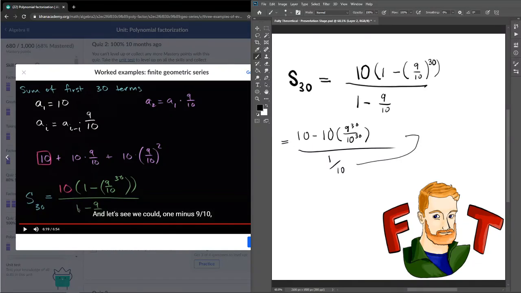So basically we put that over here and multiply this whole thing by 10, which means then we can get rid of all this fun stuff. Well, the 10 still stays there.